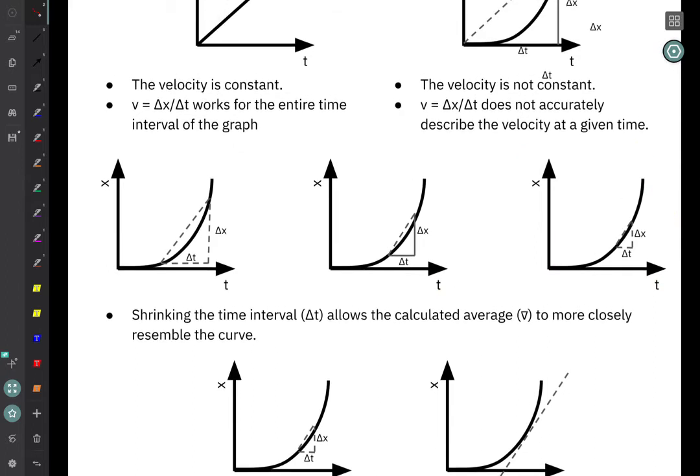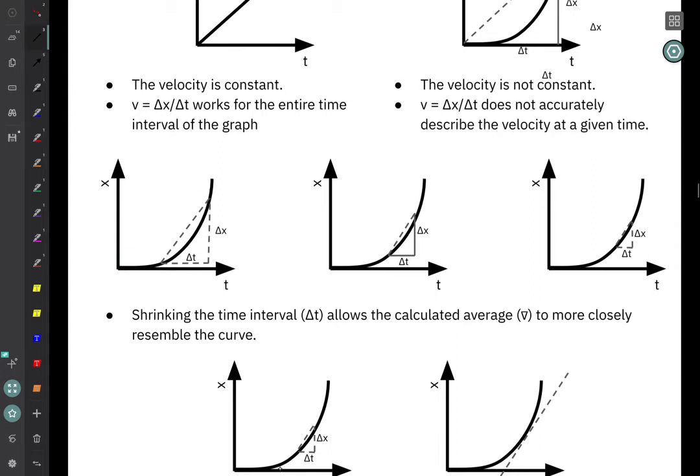What this means is if I were to have a solid line connecting where I begin with where I end, that right here can represent our average velocity in that entire time region. However, that's not going to be a very good representation of motion. So instead of having it go for our entire time region, one thing that we can do to try and make it look a little bit easier for us to figure it out is to just focus on a smaller region.